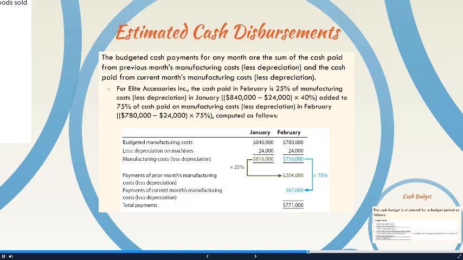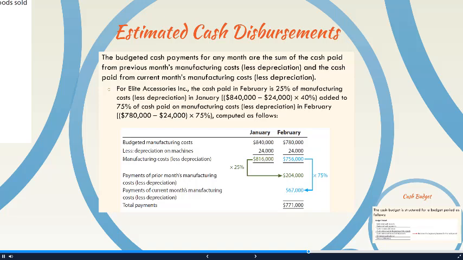So when we try to estimate our cash payments for manufacturing costs, we need to adjust for any of those non-cash expenses. A non-cash expense is something like depreciation, which would be included in our manufacturing costs, but does not affect our cash.